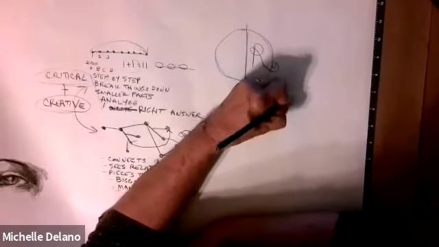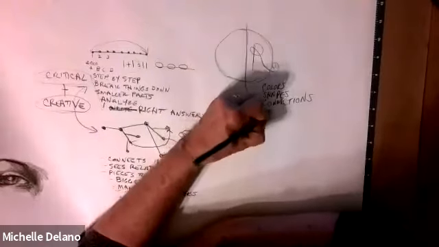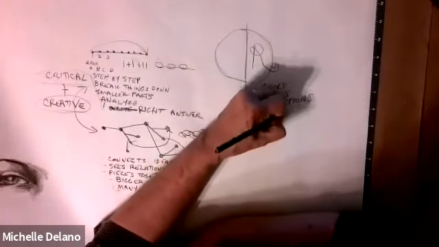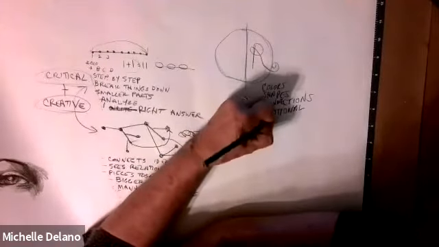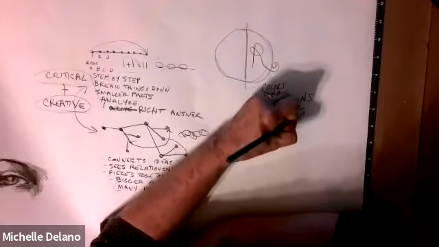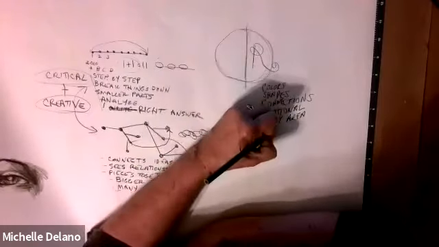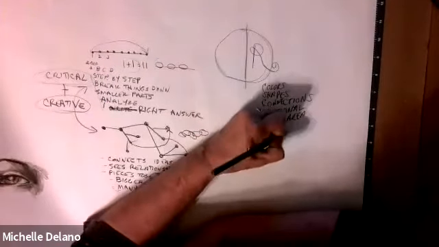The right side here is emotional. It sees the gray area instead of black and white. Instead of answers, it looks for questions. Okay. This is also relationships, how things go together, right?